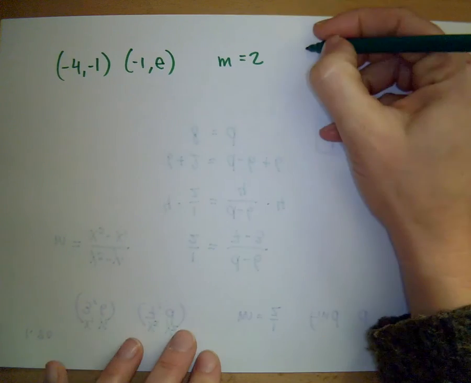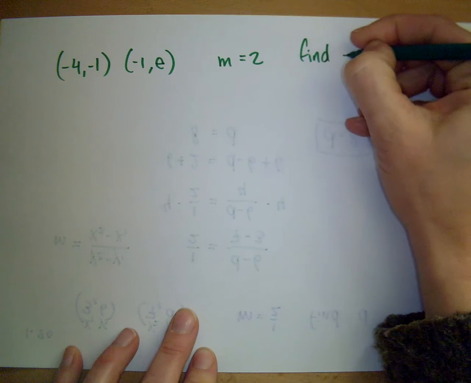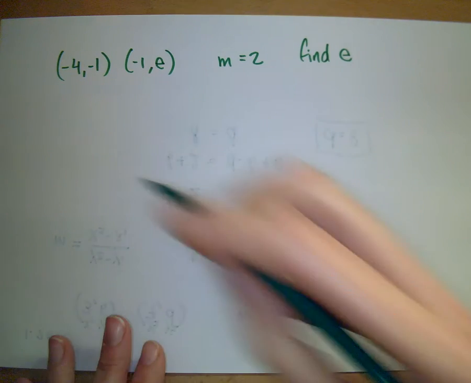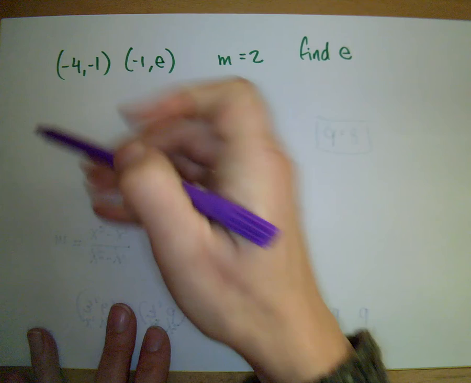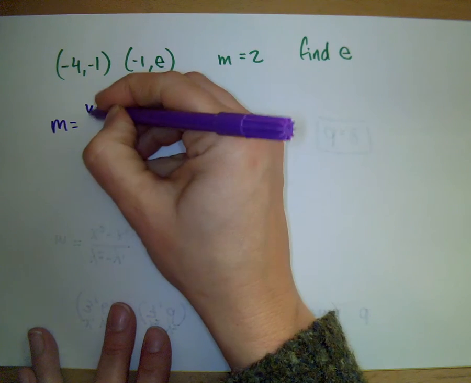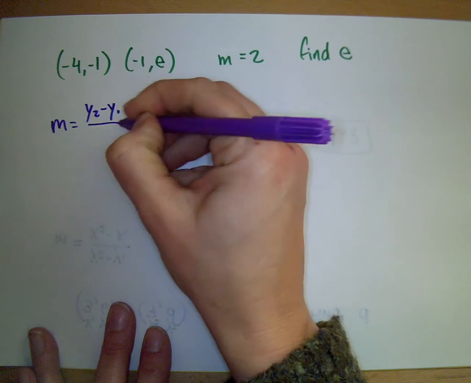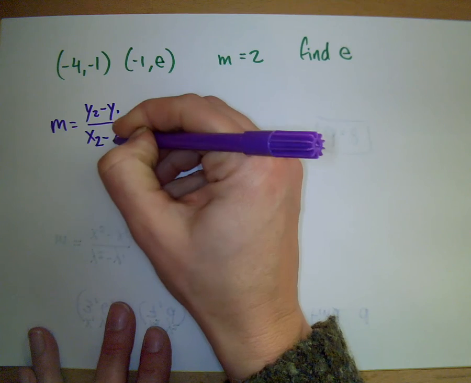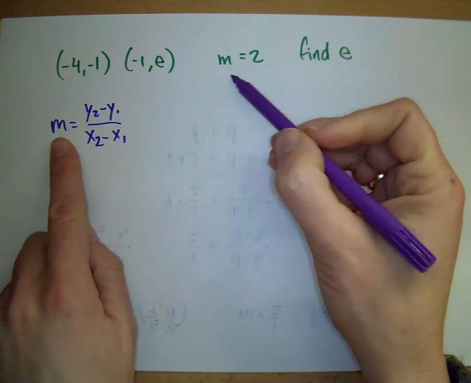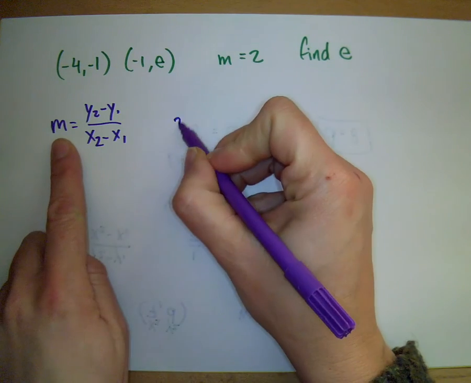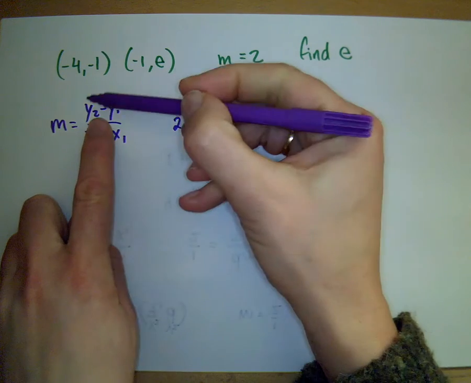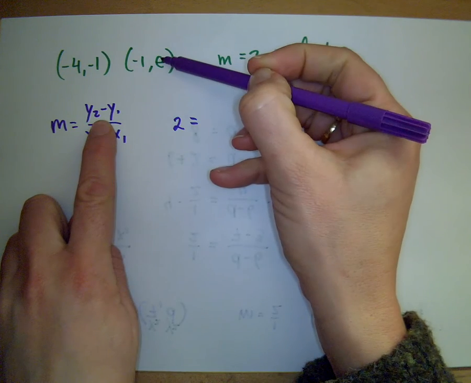Find the value of E. So same thing here, right? Gradient equals y2 minus y1 over x2 minus x1. The gradient here is 2, so 2 equals y2 minus y1.